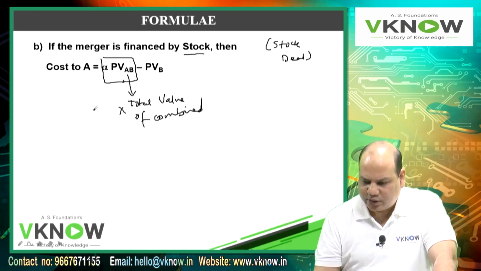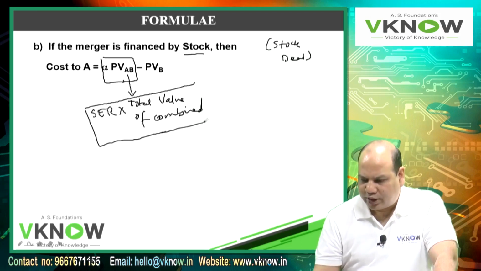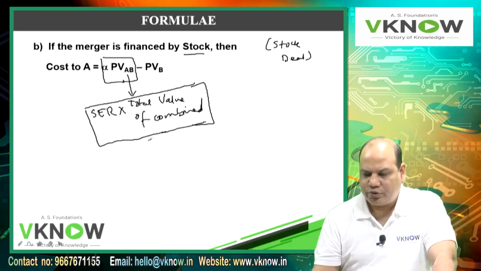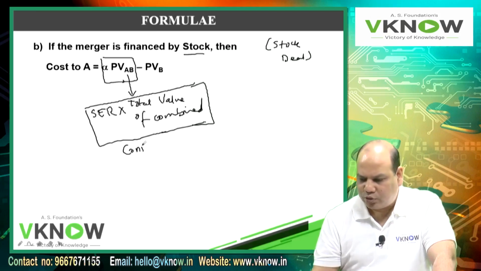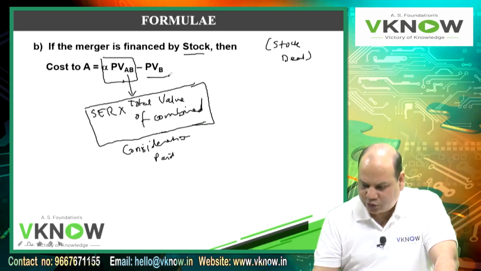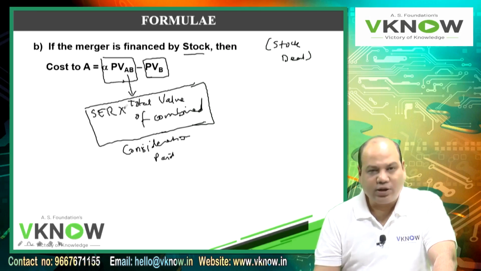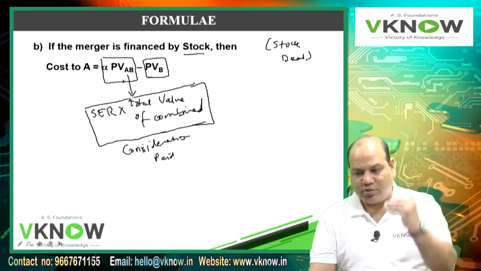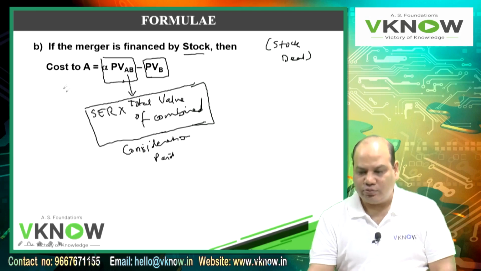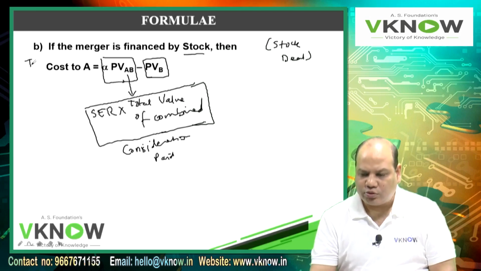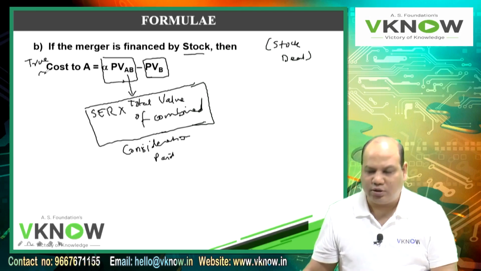When I multiply by the share exchange ratio, what we get is the value of the target company in the merged entity. So this is the value of consideration paid, against the value of target company PVB. The value the target company gets in the merged entity minus their standalone value is the true cost of acquisition to the acquirer.